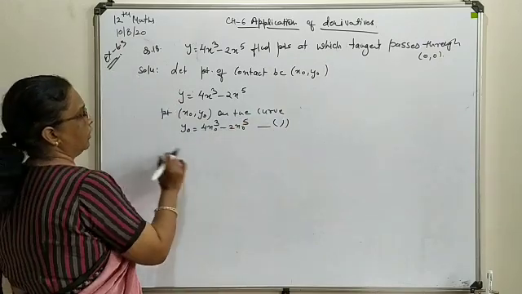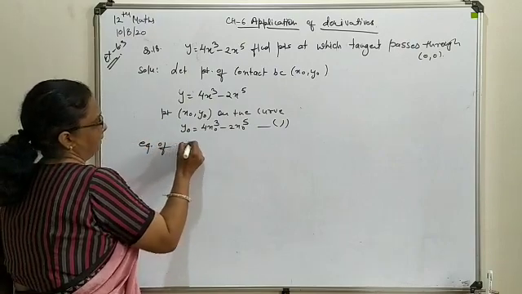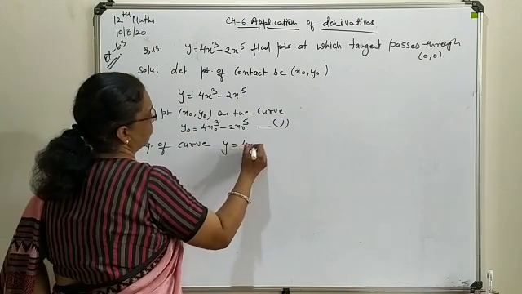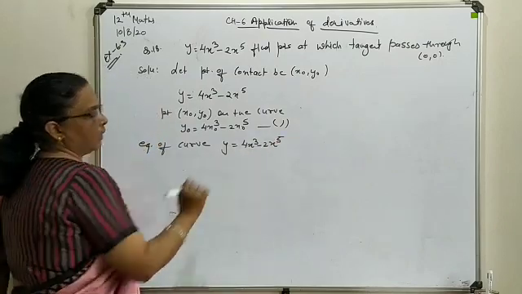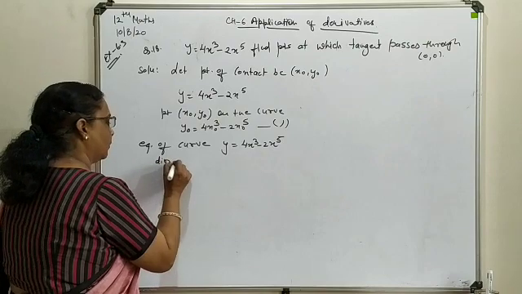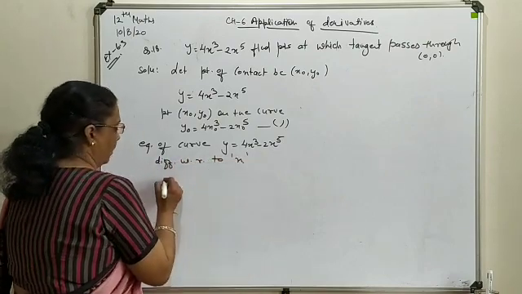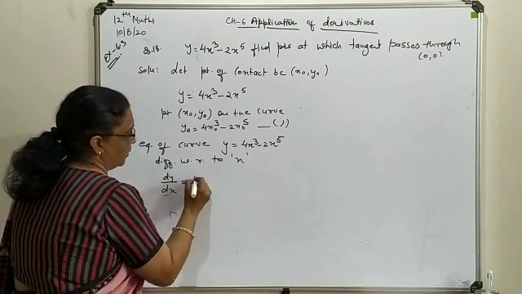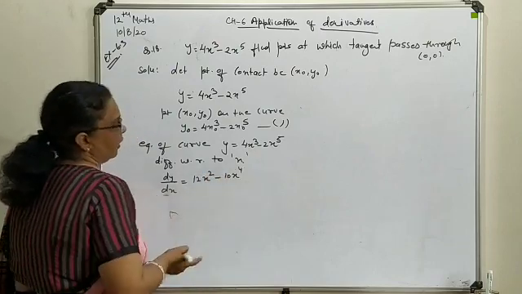Now again you come to the equation of the curve, that is y is equal to 4x cube minus 2x power 5. Differentiate with respect to x. This will give you dy by dx as 12x square minus 10x power 4.